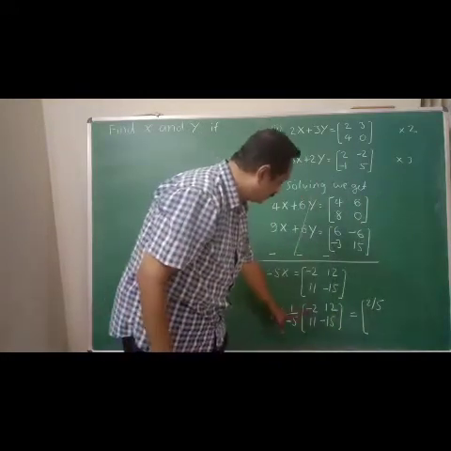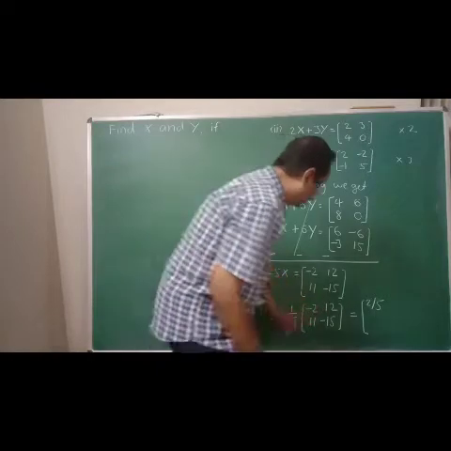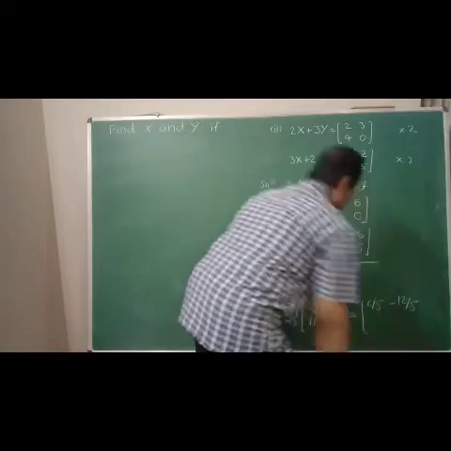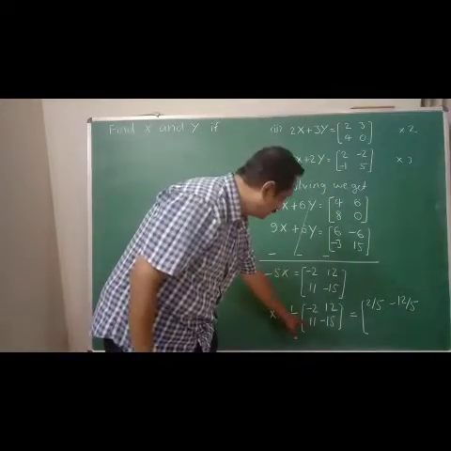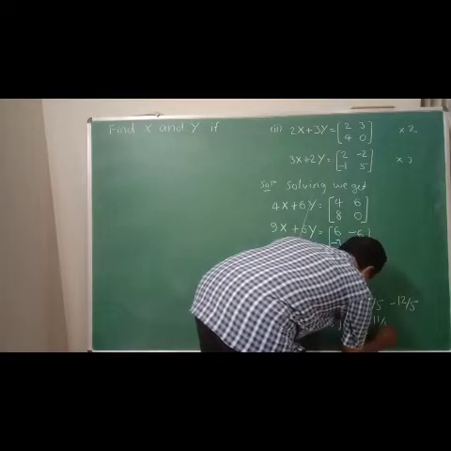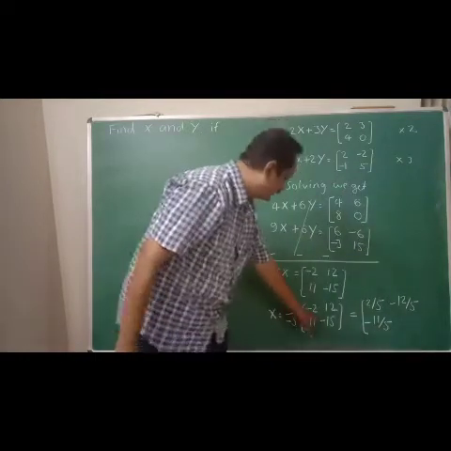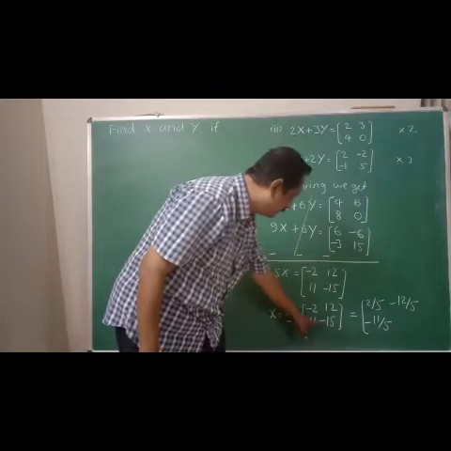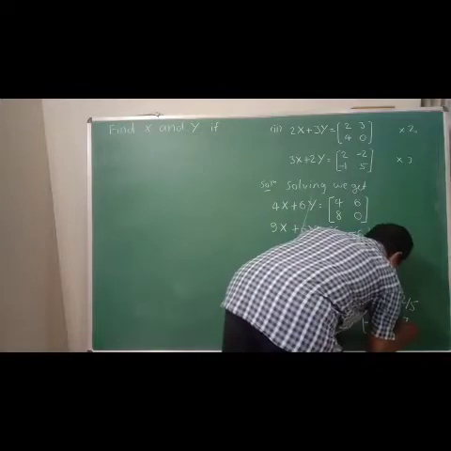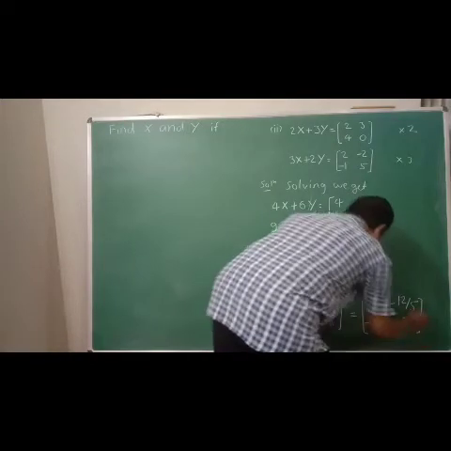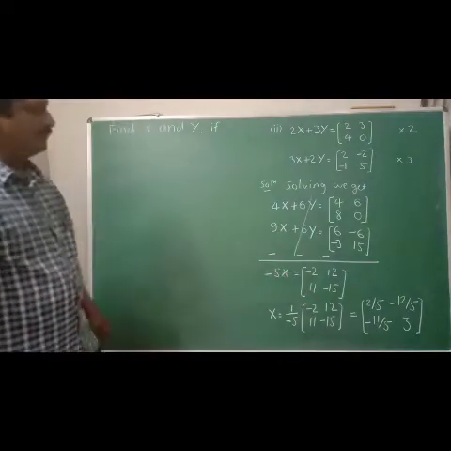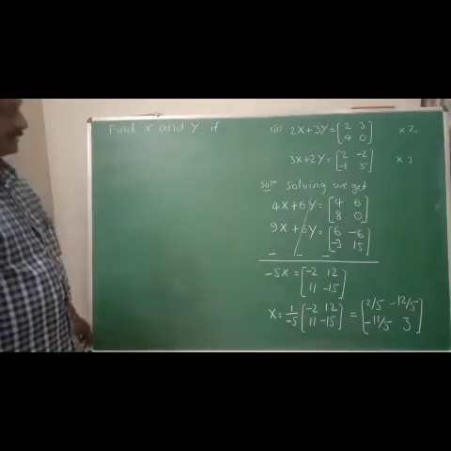Then this into 12, minus 12 divided by 5. Then minus 11 divided by 5. Then minus upon minus becomes plus, 5 ones are 5, 3 fives are 15, so remaining is 3. Therefore the matrix X is equal to this.